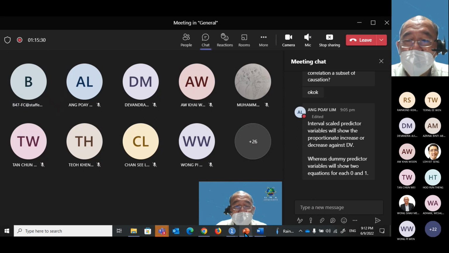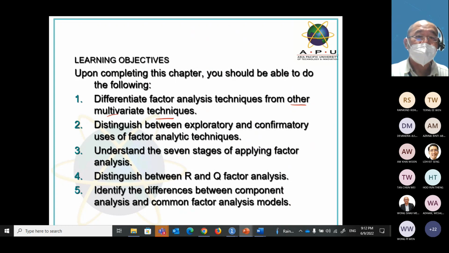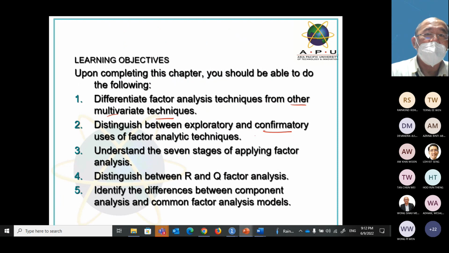If no question, now we see next. For us, we are going to see exploratory, not confirmatory. Sorry, not common, but this one is confirmatory. It's a step ahead as compared to EFA. So EFA and also CFA: E means exploratory, C means confirmatory.